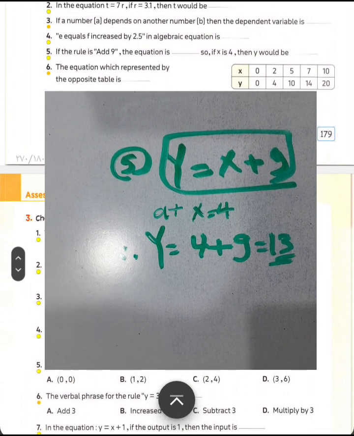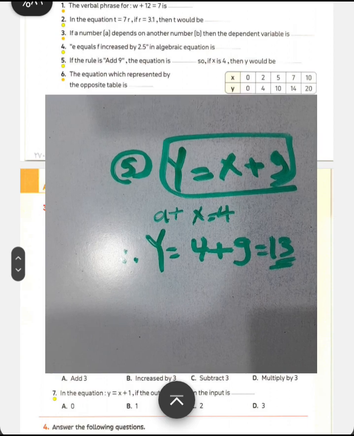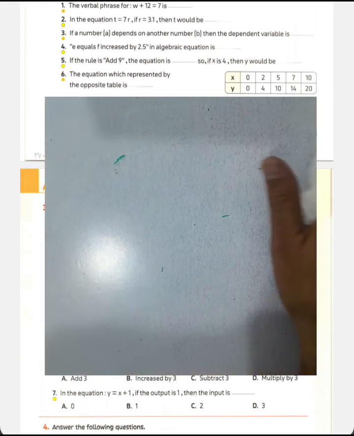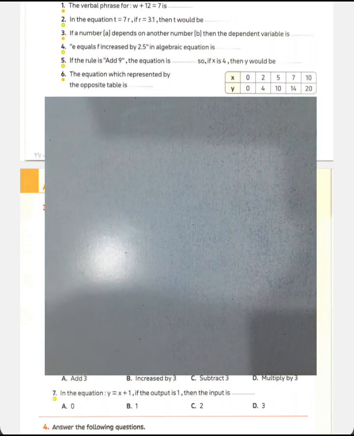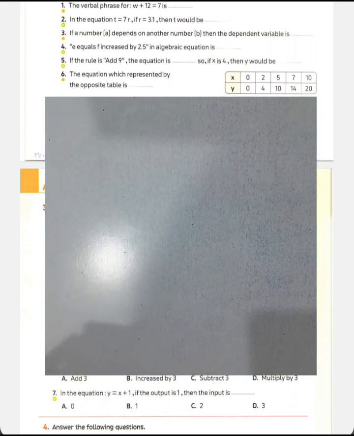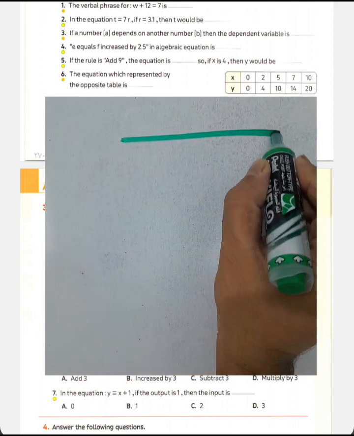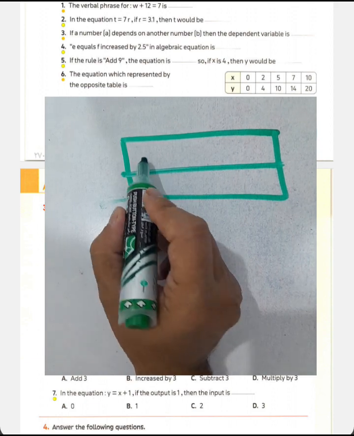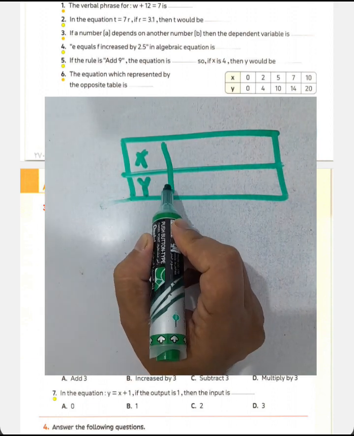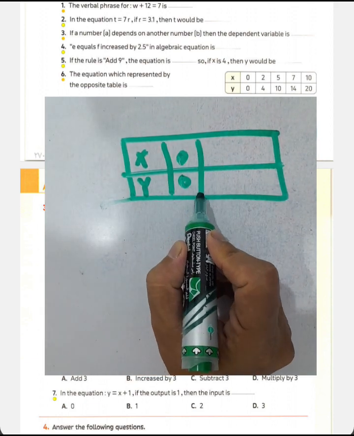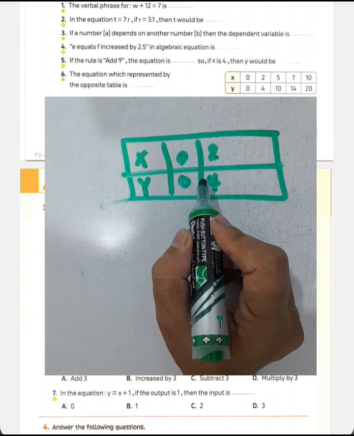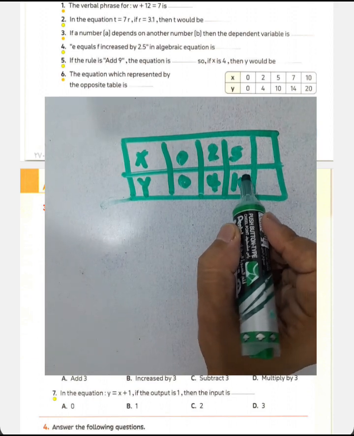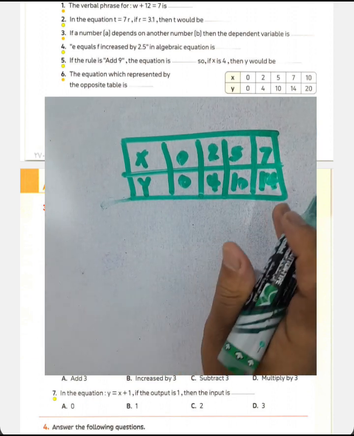Question number 6. In the opposite table, we have the equation, the equation which is represented by the table. I will draw the table with you here to understand the rule about this example. We have here x and y: 0 and 0, 2 and 4, 5 and 10, 7 and 14.